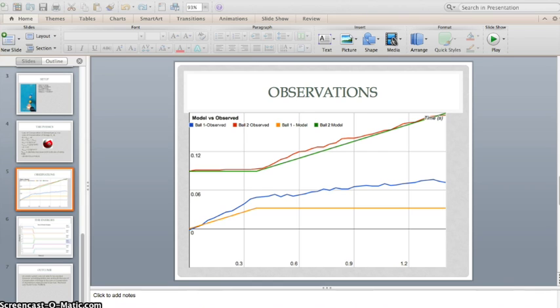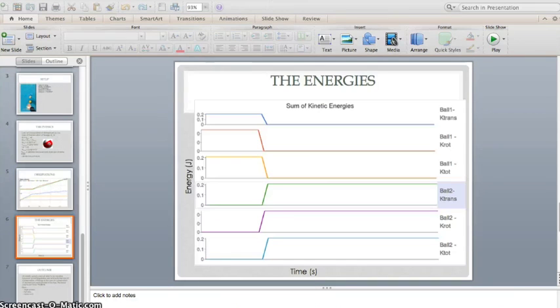I had to do this in Google Spreadsheets because, due to an incompatibility problem with my computer's operating system and hard drive with the Python program, I was not able to upload my CSV file after tracking the ball's movements in Tracker. So here we have the energies involved in this lab.